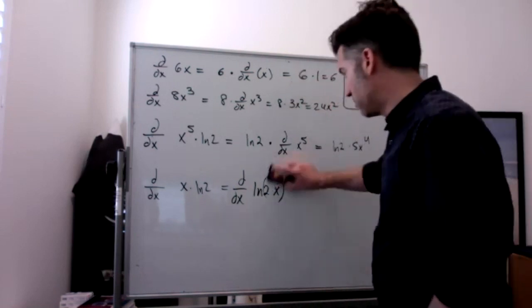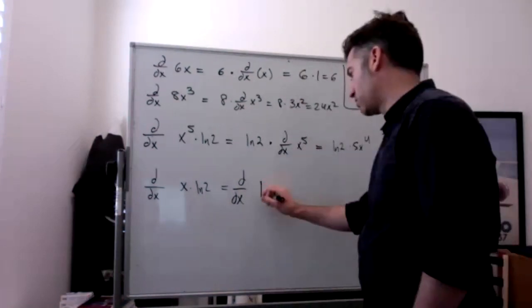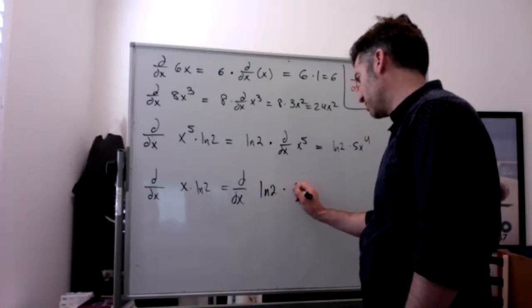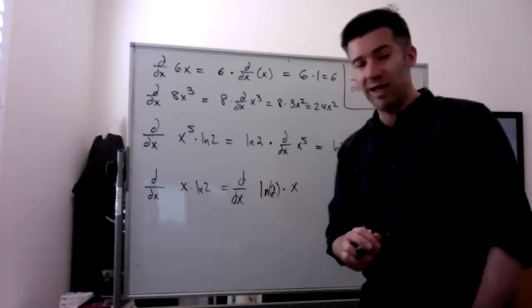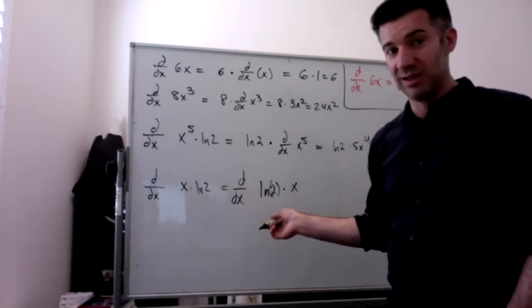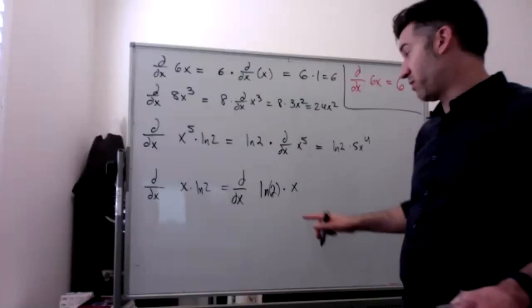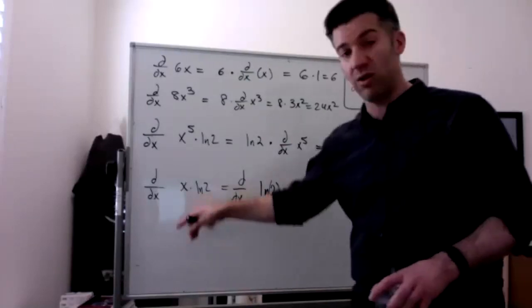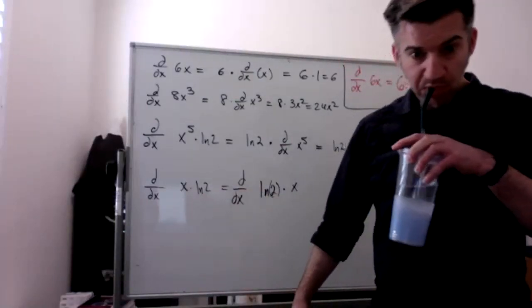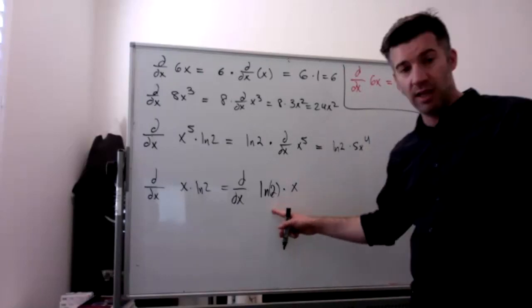We mean the natural log of 2 times x. So that's why we usually don't write it this way, because it's a little less clear what we mean, or we have to be a little bit more careful. But it is perfectly correct to say this and this are the same. So if you want to think of it that way, and that works for you, do it that way.